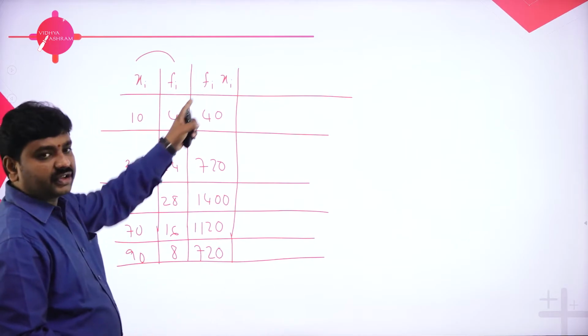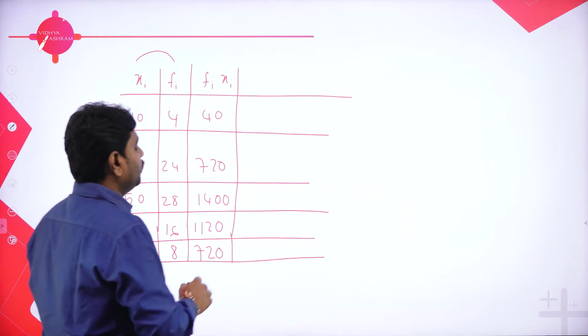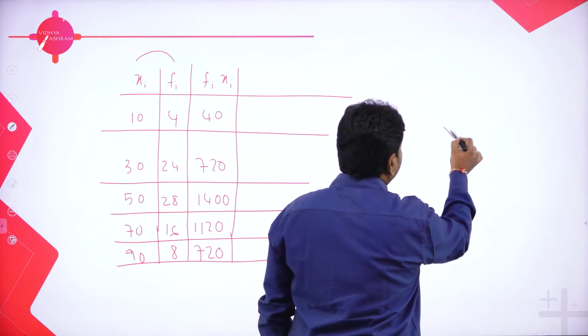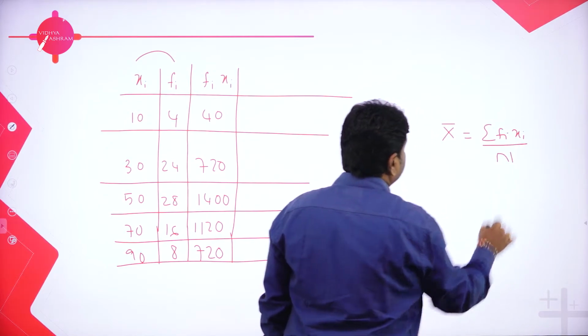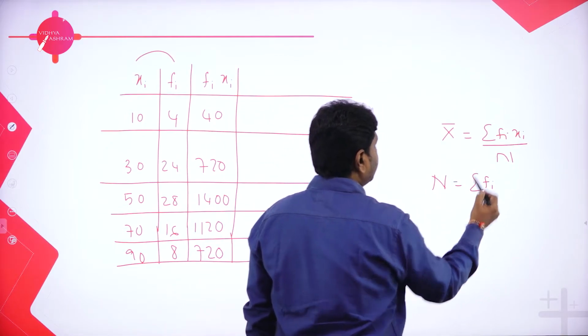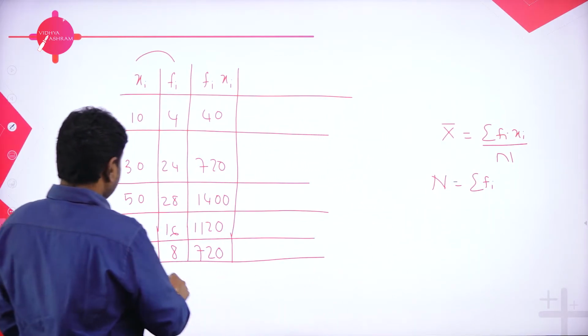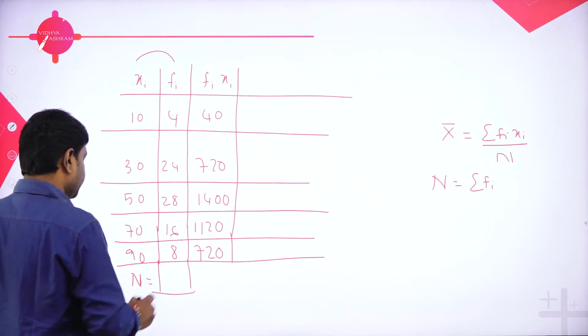So these are the fi xi values. Now what should you do? First your task is to find the mean. Without that you can't complete the table. How to find the mean? Sigma fi xi divided by n. What is meant by n, dear students? N is the sum of the frequencies, sigma fi. So now add all the frequencies here. If I add all the frequencies, I'll get n.